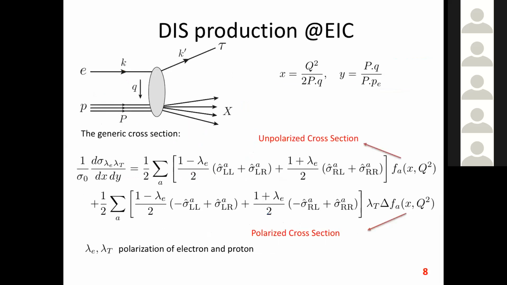Next I will discuss the details of our study. For DIS production at the EIC, in general, for the scattering of an electron and a proton, the cross section could contain two parts. One is the unpolarized cross section, and the other is the so-called polarized cross section, which depends on the polarization of the proton.